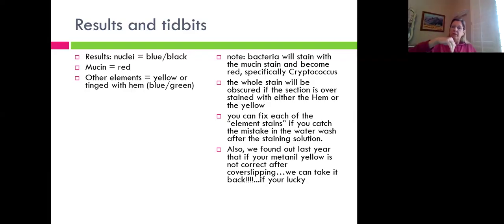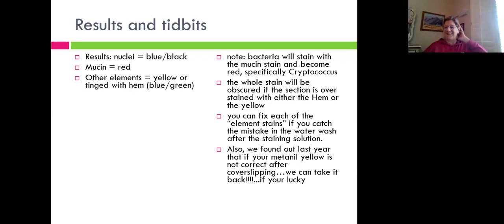If you want it deeper, go right back into your Muci carmine. If you go into your yellow and you don't like the depth of your yellow, same thing, go into that water, check it microscopically. So you can check all the way throughout this stain. Even during your DCM, if you see that yellow pull, you can go back through your alcohols, wash it in water and go back into your yellow.